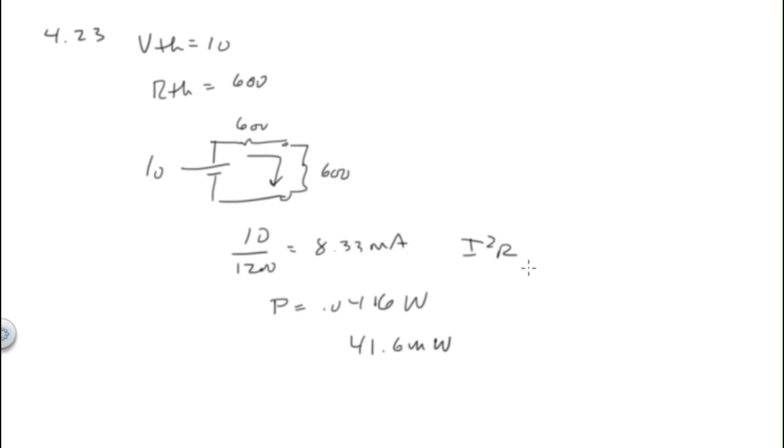Okay, 24. For 24, we're going to figure a bunch of different circuits. I want to see where the best power out is. You're just going to do the same problem a number of times. In each case you're going to prove the matched power load, the max power load, and where it occurs.